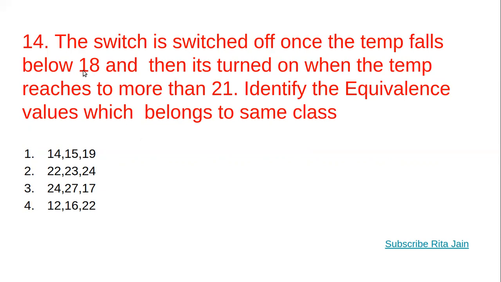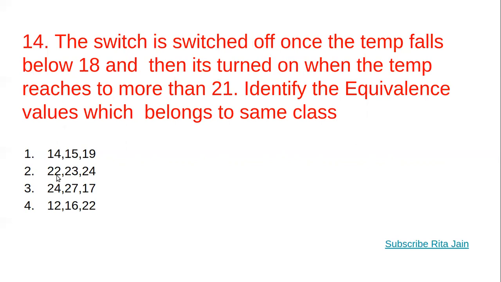When the temperature is below 18, the switch gets turned off, and when the temperature is between 18 and 21, no action is defined. And third partition is above 21. So when the temperature is above 21, the switch gets on.